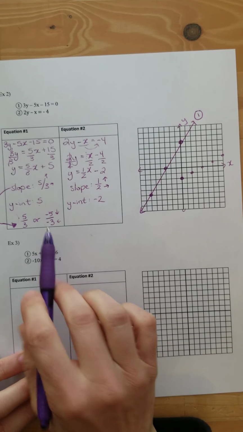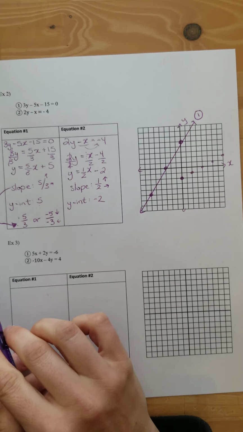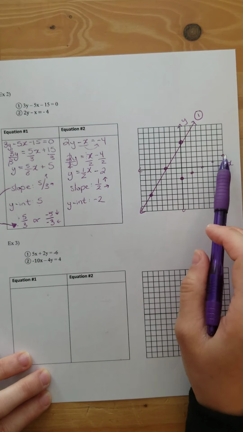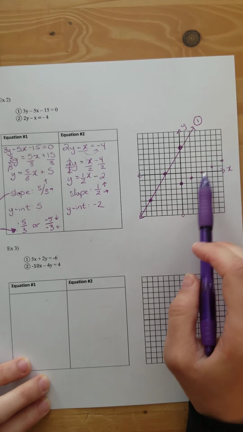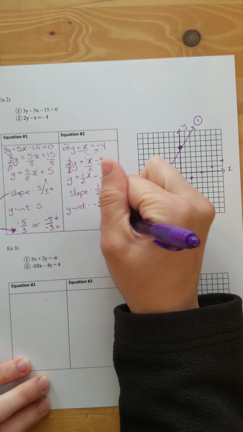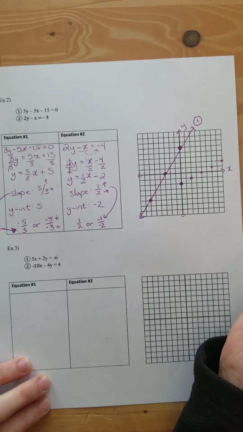Okay, so remember what I did here is I can go one way or the other. I can go up 5 to the right 3, or I can go down 5 to the left 3. It's the exact same thing with this. I went this direction and I didn't end up touching this line, but maybe if I go the other direction, I will. So the slope can be 1/2 or -1 over -2.